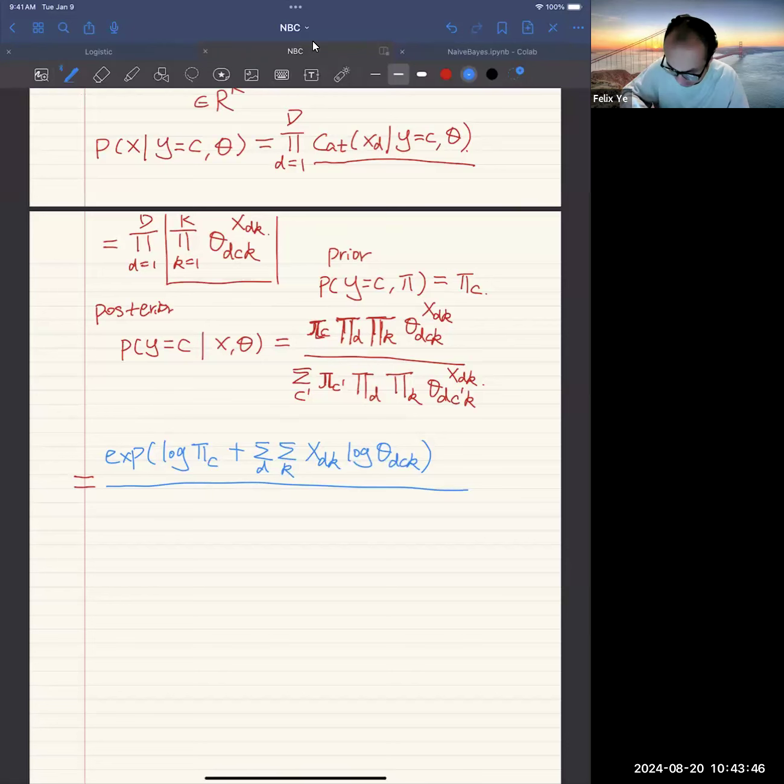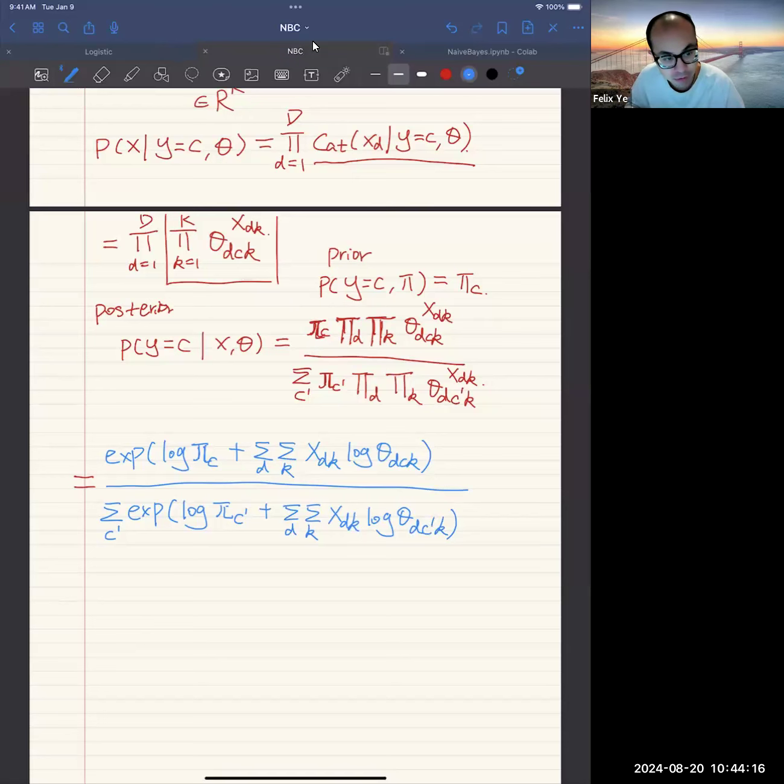The bottom is the summation over c prime of the exponential of the log of pi_c prime plus the summation over d, summation over k, of x_dk times log of theta_dc'k.